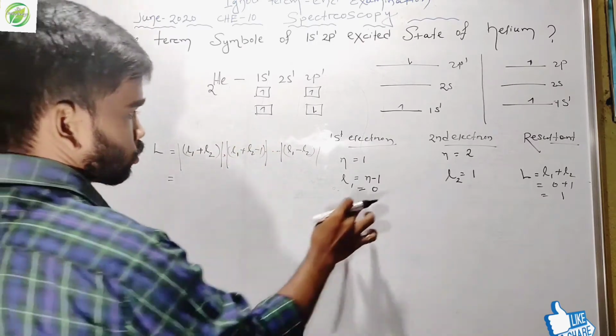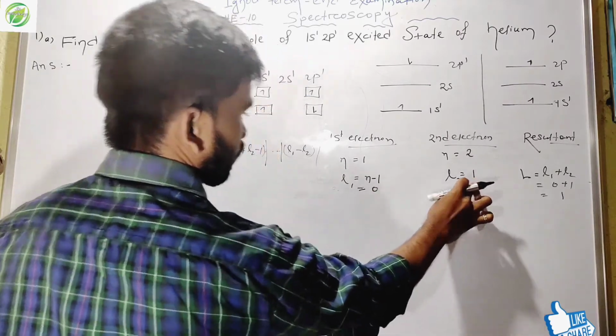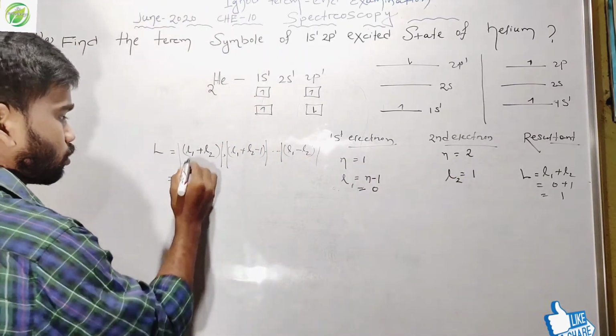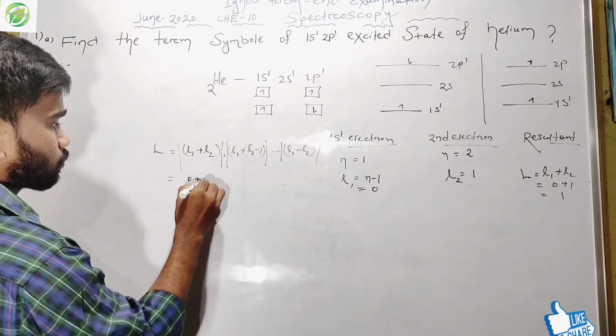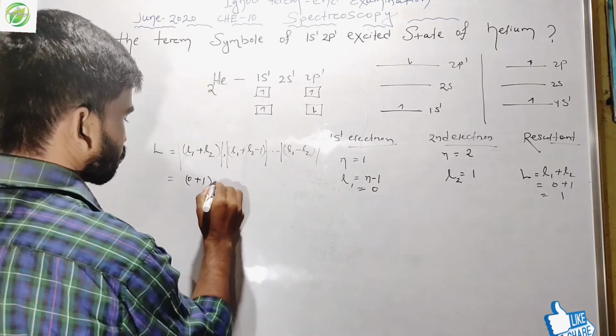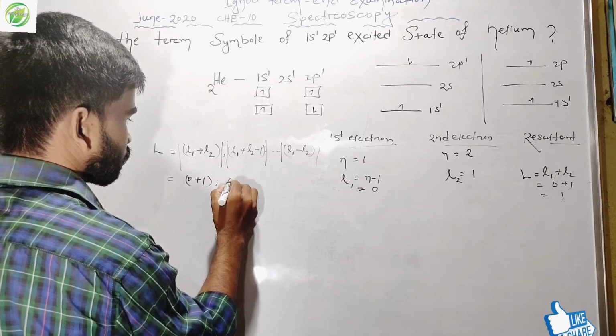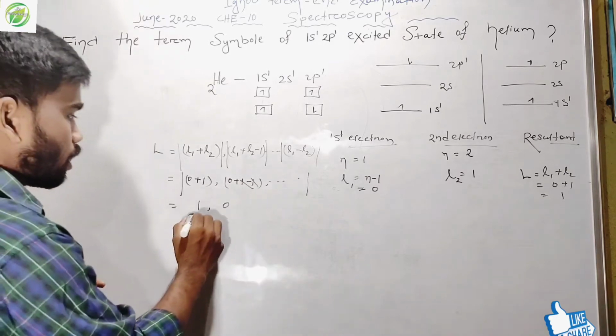We put 0 for L1 and 1 for L2, that is 1 and 0.